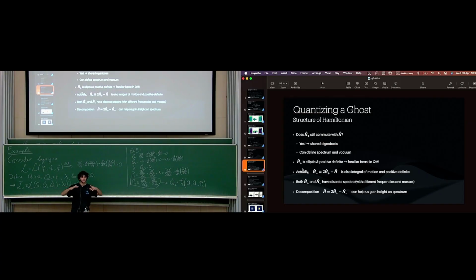You could have two completely distinct states in H plus become degenerate in H because the distance between the two levels in H plus and H minus would be the same, right? So that's one thing. And then another thing is, how do the states look around the vacuum? So the vacuum state for the Hamiltonian will be the vacuum of H plus minus the vacuum of H minus, right?